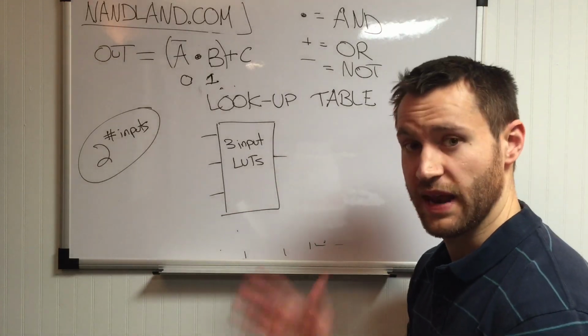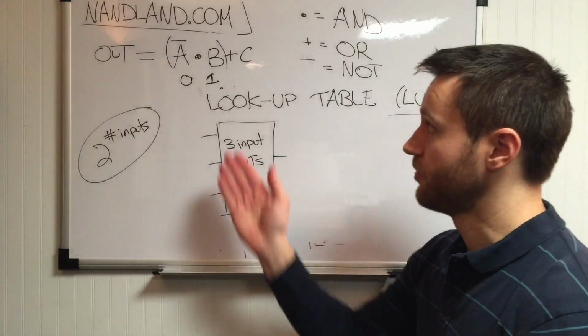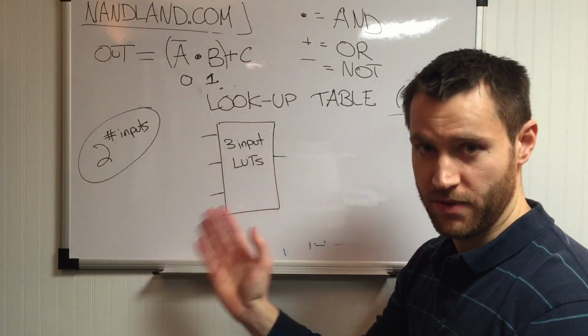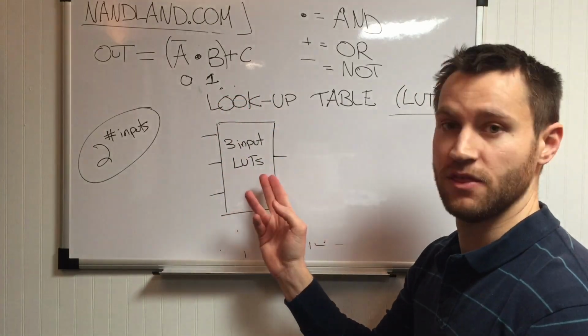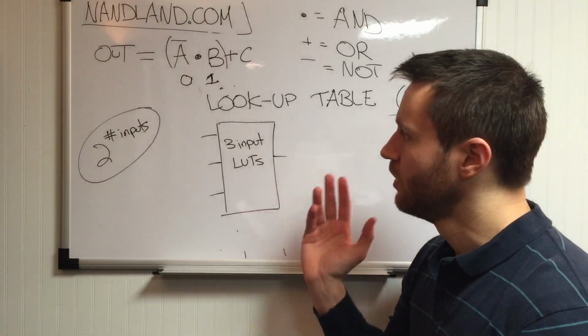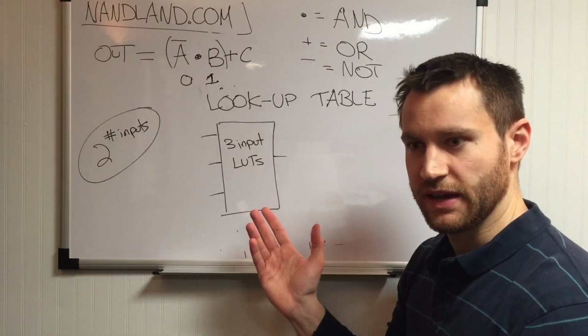So those circuits that I was just drawing with 3 inputs, A, B, and C, can all be represented inside this LUT, this 3 input lookup table. So think about that for a second.